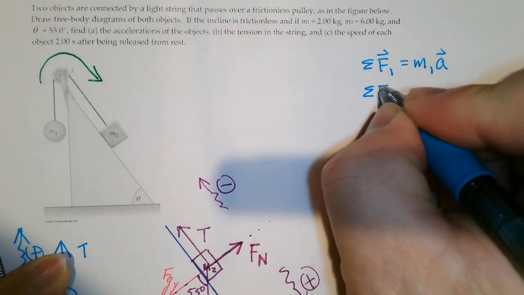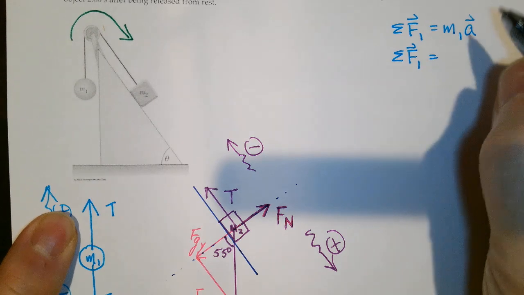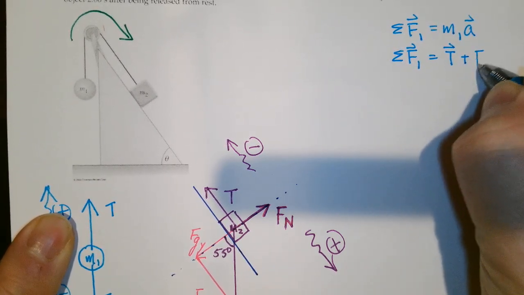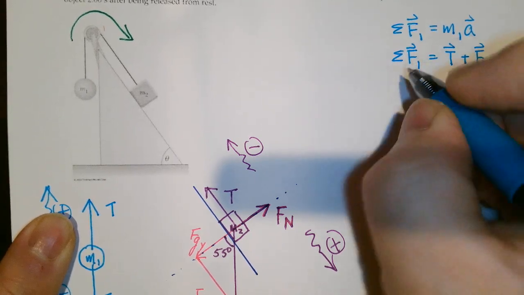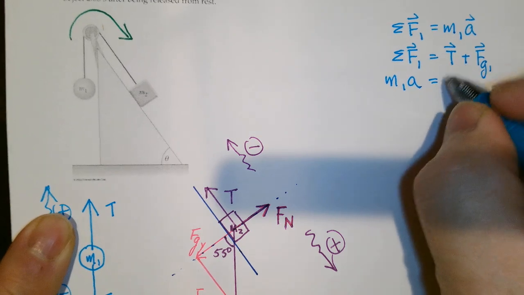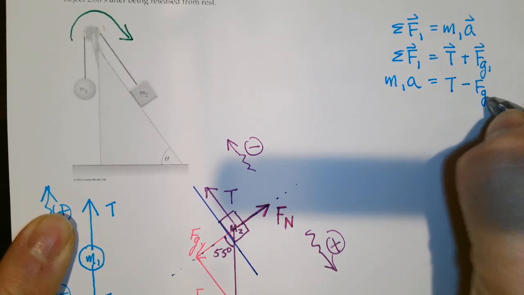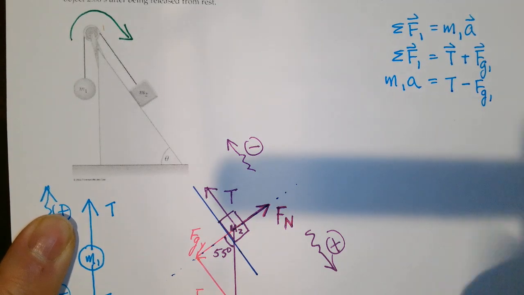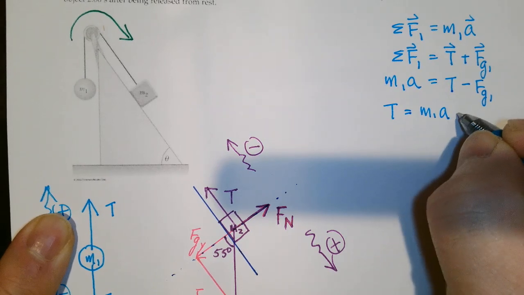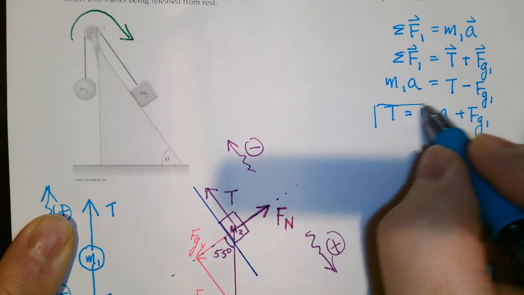There are two forces, that's tension plus Fg1. So M1A is equal to tension, which is positive, minus Fg1. If I solve for tension, my tension is equal to M1A plus Fg1. That's good to know.